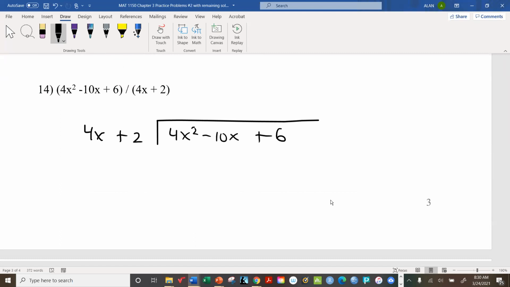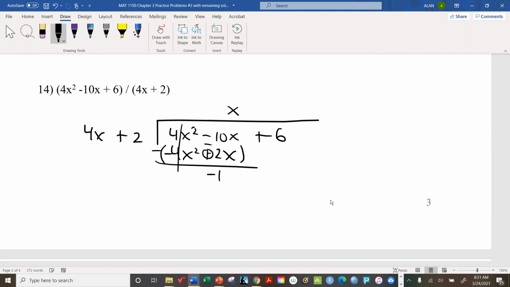All right, so again, the goal is to eliminate these terms one at a time. Let's start at the beginning. What can I multiply this expression here on the left by that will give me a 4x squared? How about x? So if I multiply the x by this expression, I have 4x squared plus 2x. When I subtract, this becomes negative.